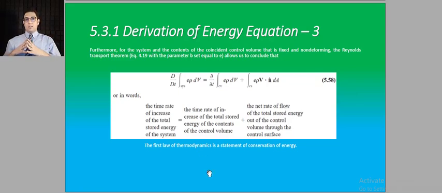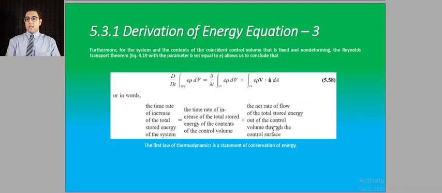So all in all, the time rate of change of the total energy is equal to the time rate of change of the energy in the control volume plus the net energy flowing out of the control surface in the instant that we are considering.